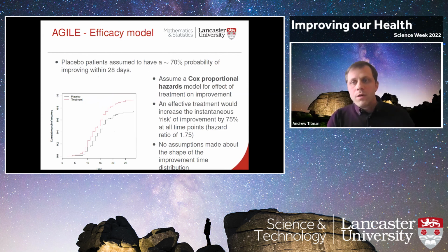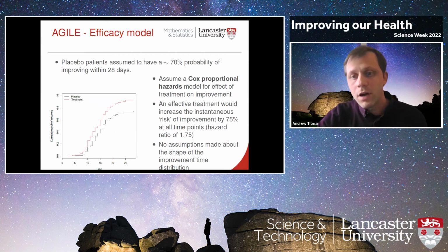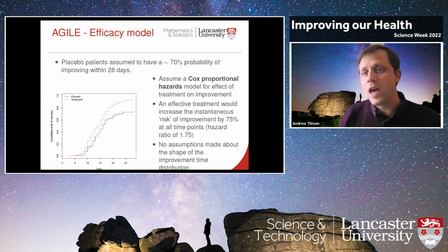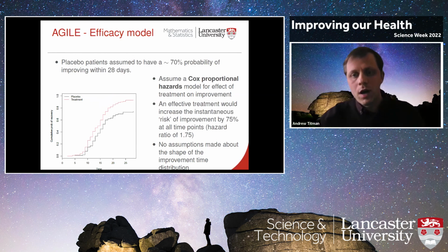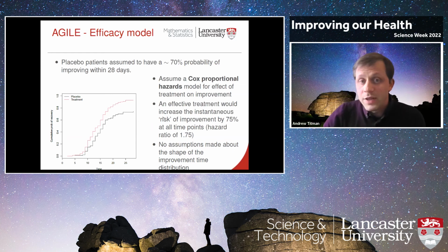In terms of how to evaluate this efficacy, we've basically got a time to event outcome. Specifically, the efficacy endpoint was the time to a 2-point improvement based on the WHO clinical patient scale within a 28-day period.